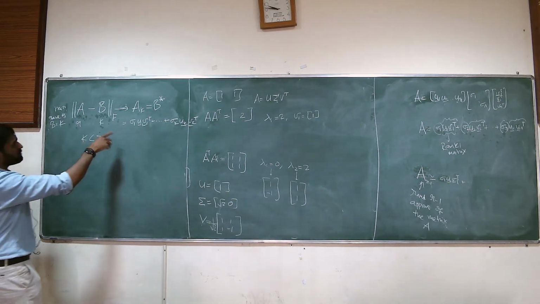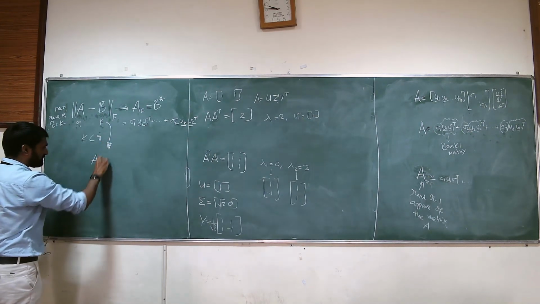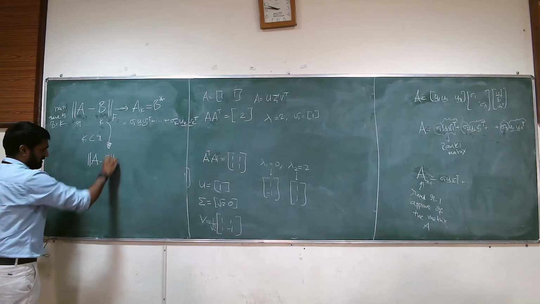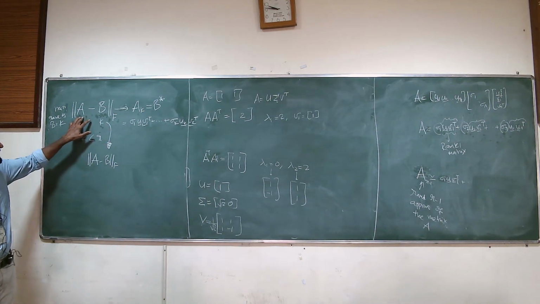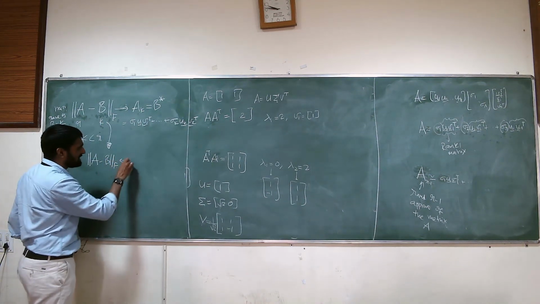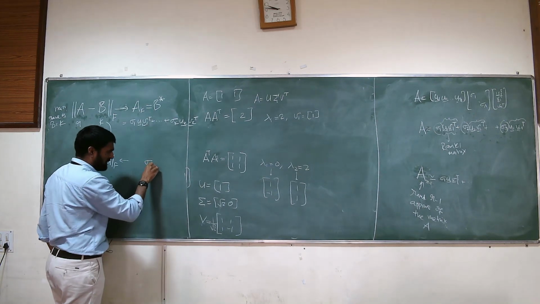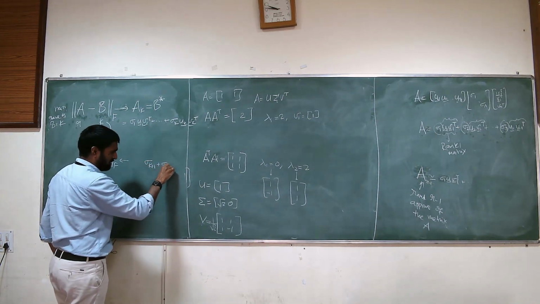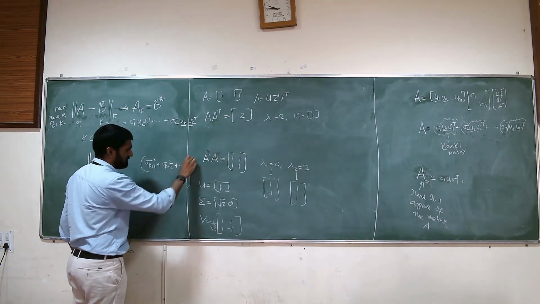You could ask, how big is the difference between A and B? B is not exactly A, so there is some difference there. What is the size? It turns out the size in this case is simply sigma k plus 1 squared plus sigma k plus 2 squared up to sigma r squared.